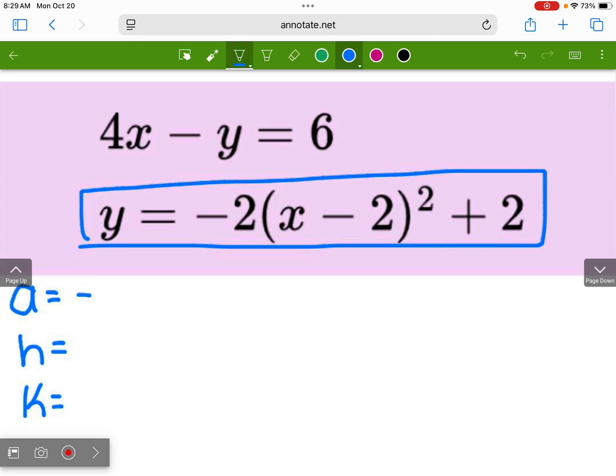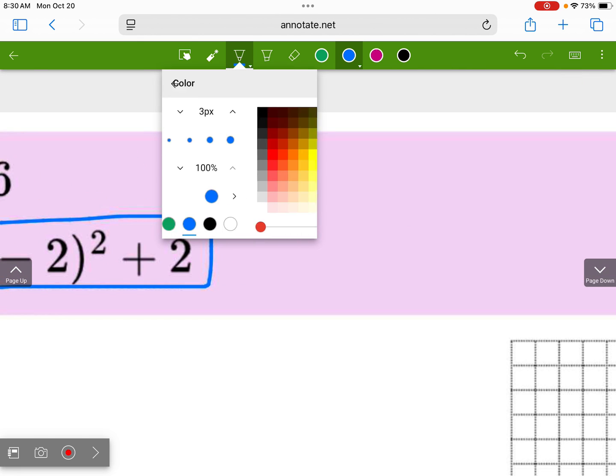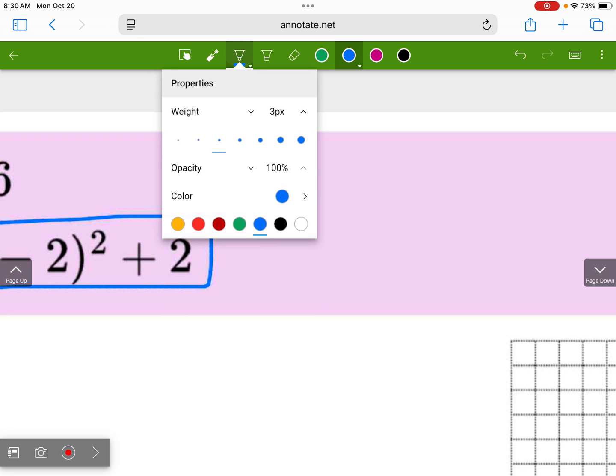Negative 2. So we know when our a is negative, we're going to have an upside down, or a frowny face, parabola. What is our h on this one? Positive 2.